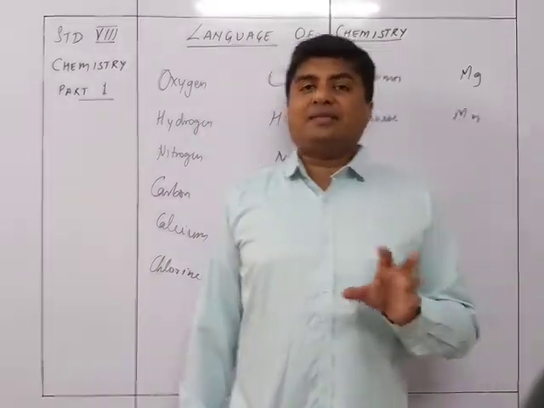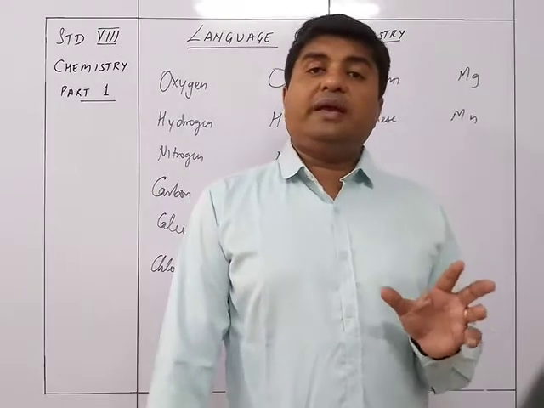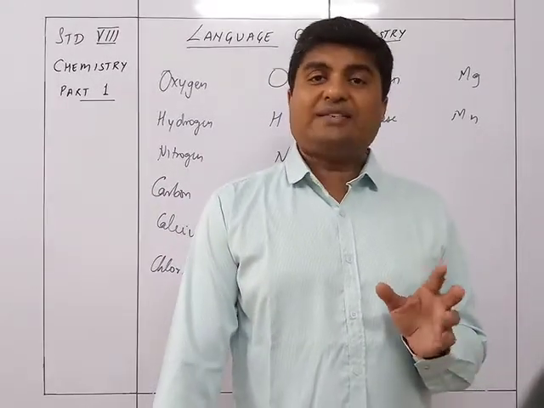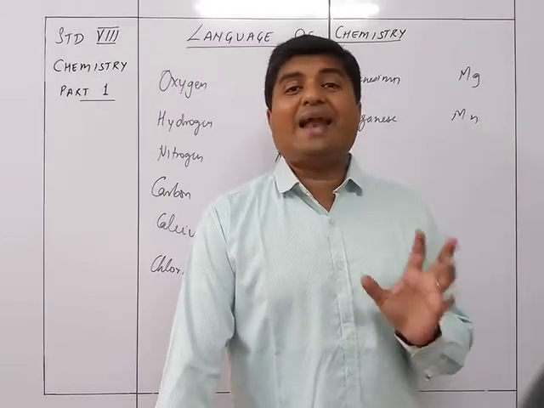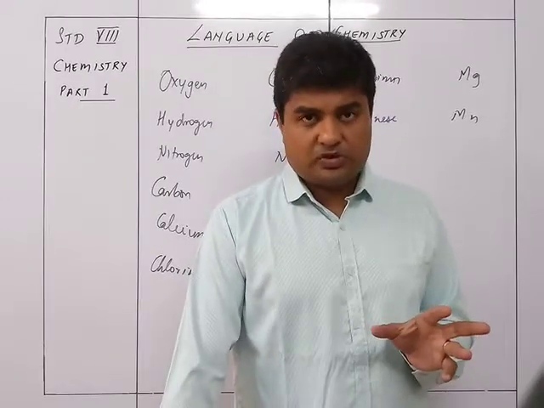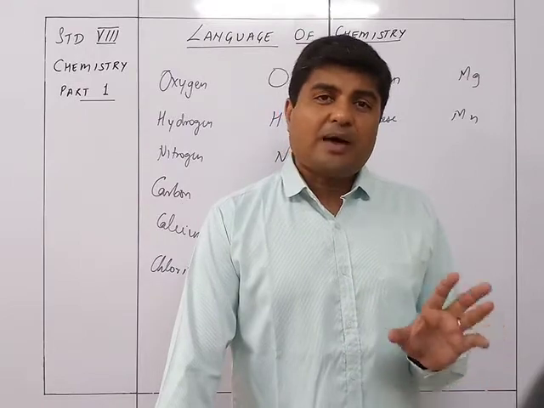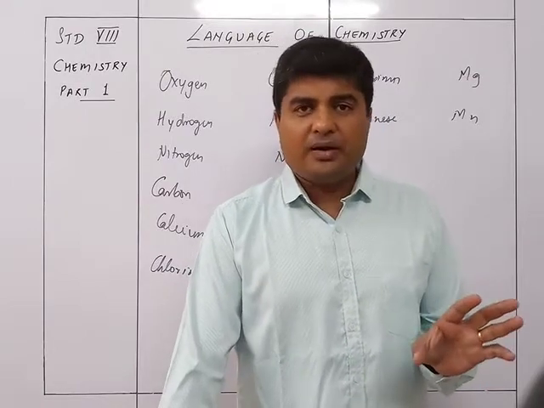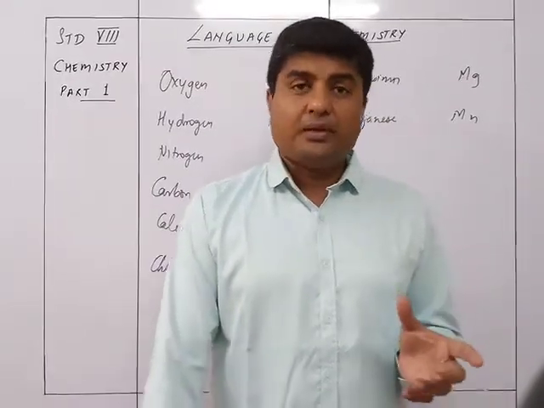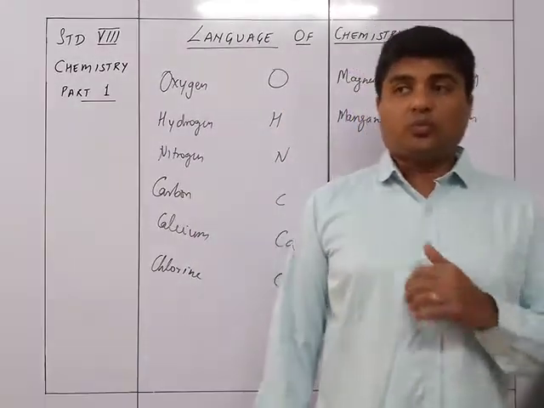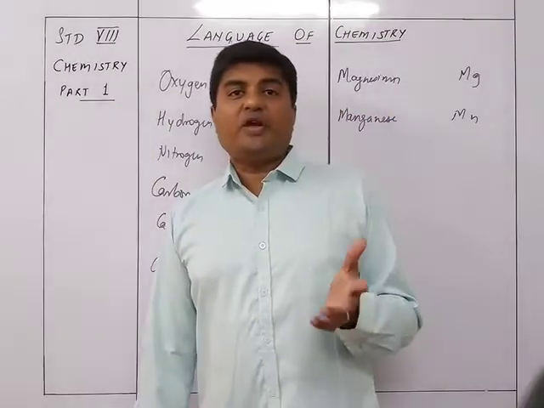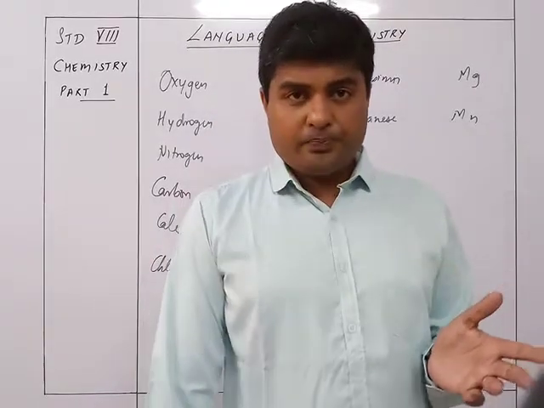But in certain cases it was found that the elements were more prominently known by their Latin names or Greek names. For example, copper is famous the world over by the name cuprum.